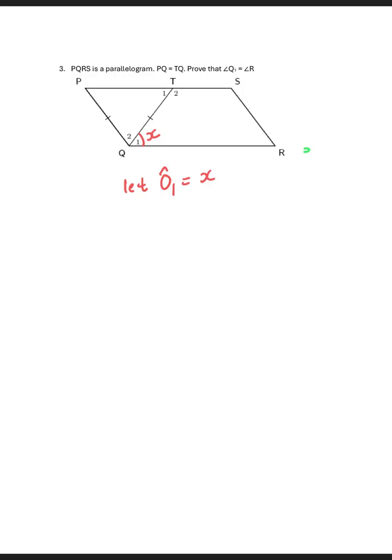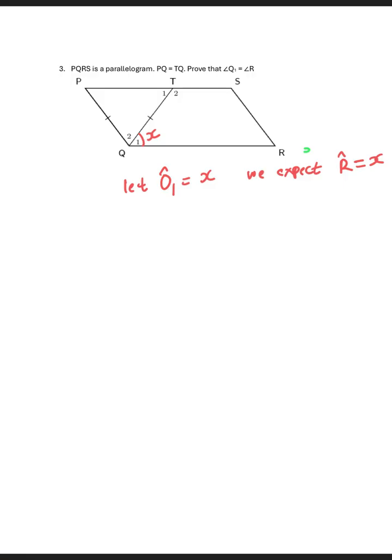Because we put X there, we expect angle R to be X. That's what we expect, right? We are proving that Q1 is equal to R, so we expect angle R to also be X. So then we're going to begin.